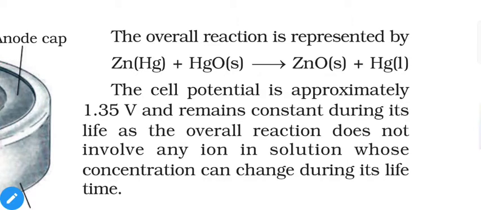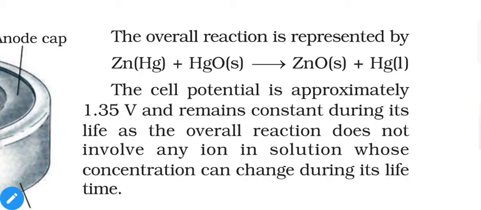The cell potential is approximately 1.35 volts and remains constant during its life, as the overall reaction does not involve any ion in the solution whose concentration can change during the lifetime. The main issue is concentration change. As the concentration decreases, the reaction becomes slower, fewer electrons are produced, resulting in lower voltage.